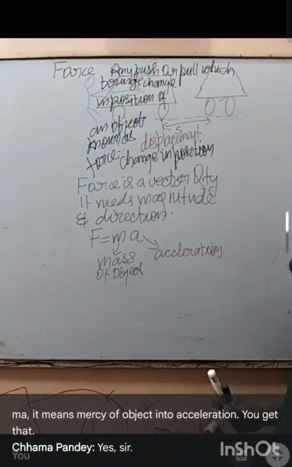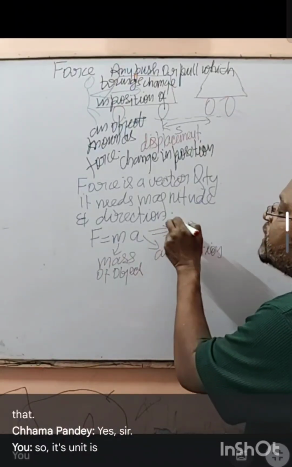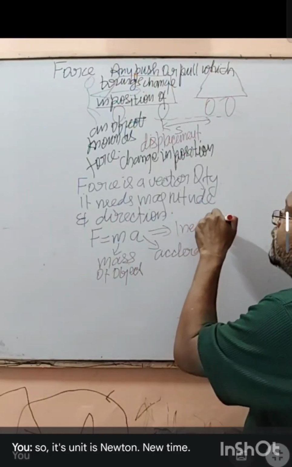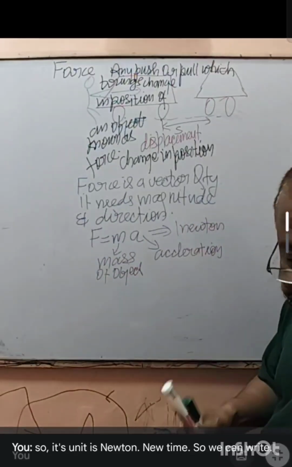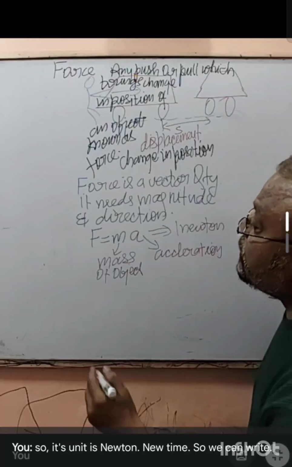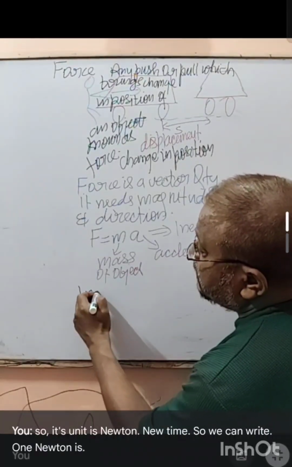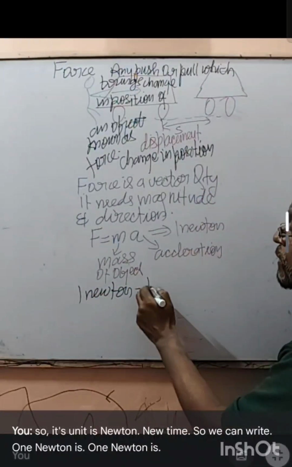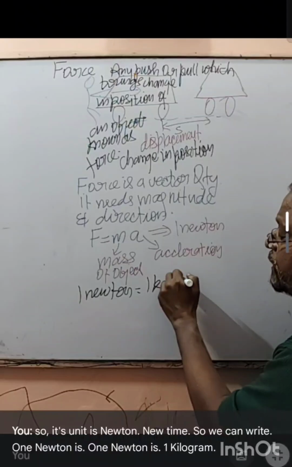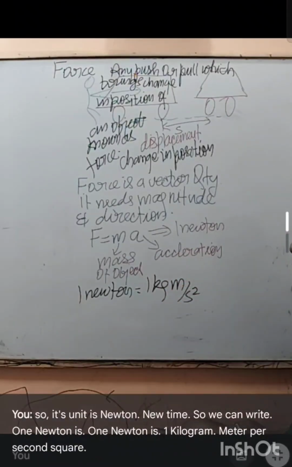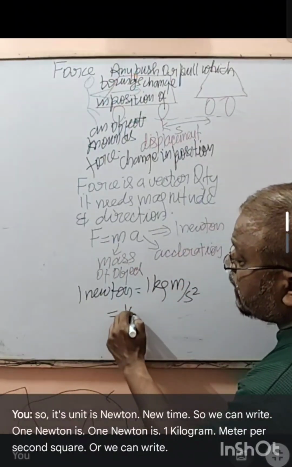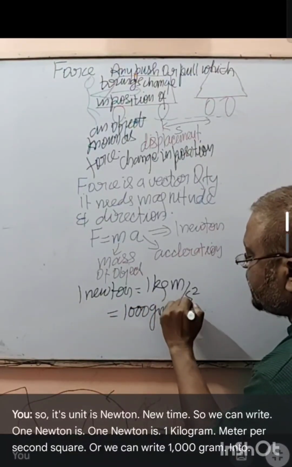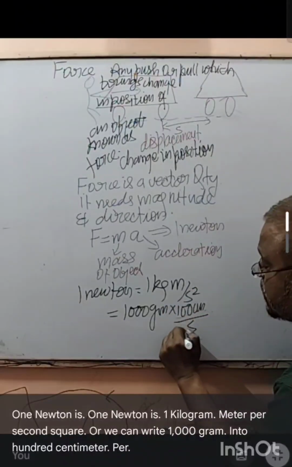So its unit is Newton. We can write 1 Newton is 1 kilogram meter per second square, or 1000 gram into 100 centimeter per second square.